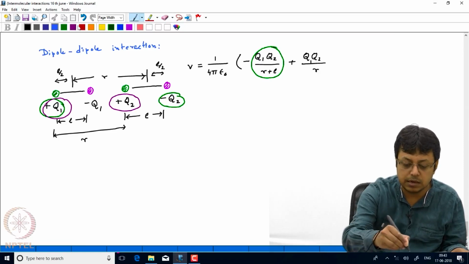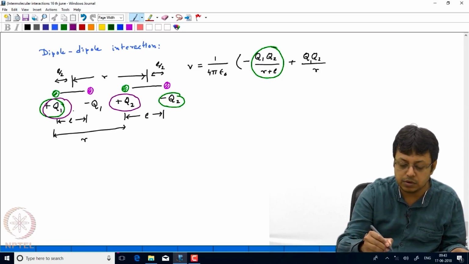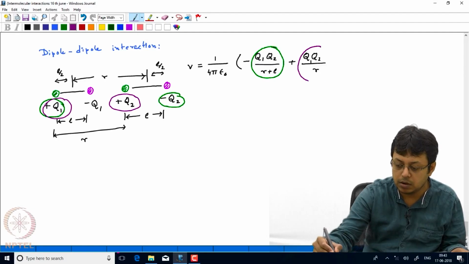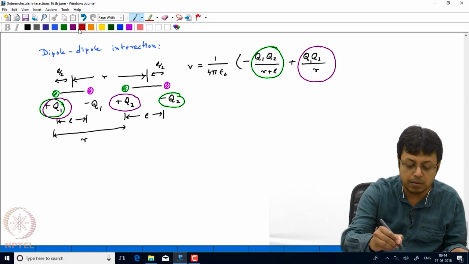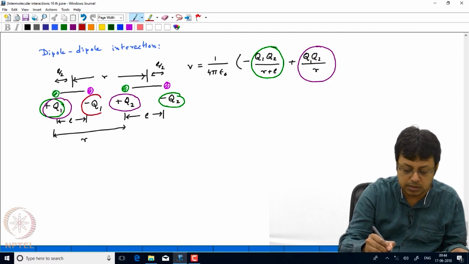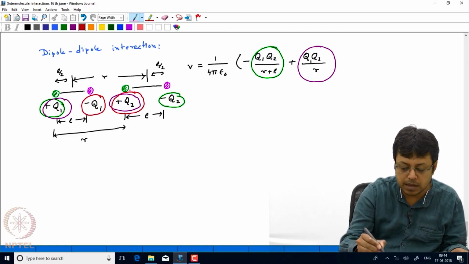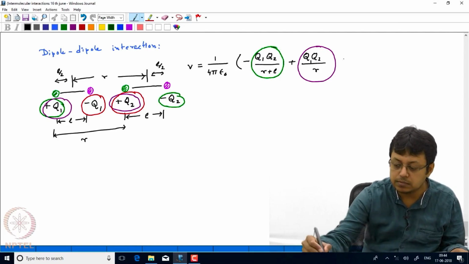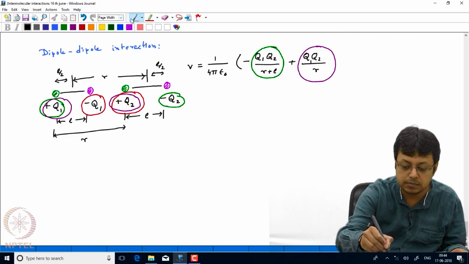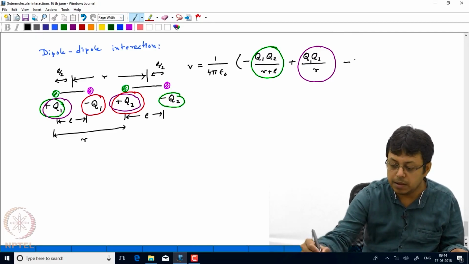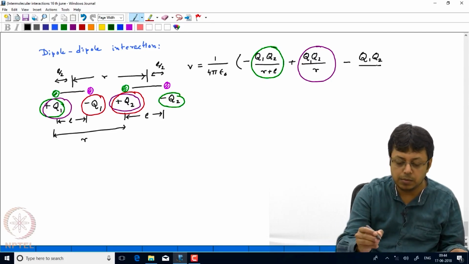This was our second term, where we considered plus Q1 and the interaction with plus Q2. Now let us focus on minus Q1, and say first will be plus Q2. Since this is a minus and plus, I will have overall a minus sign. I will have minus Q1 Q2 divided by, now what will be the distance?